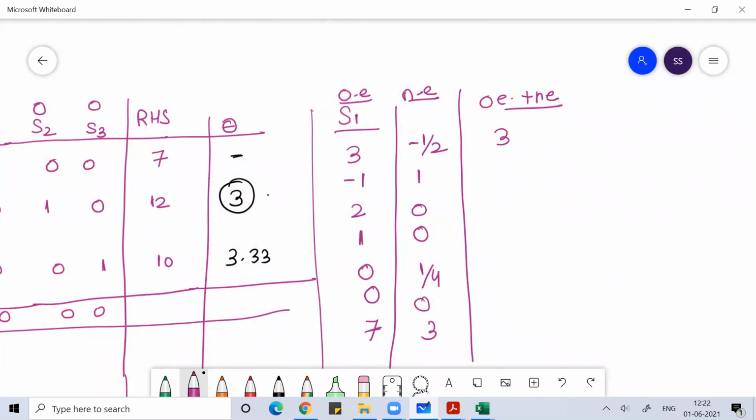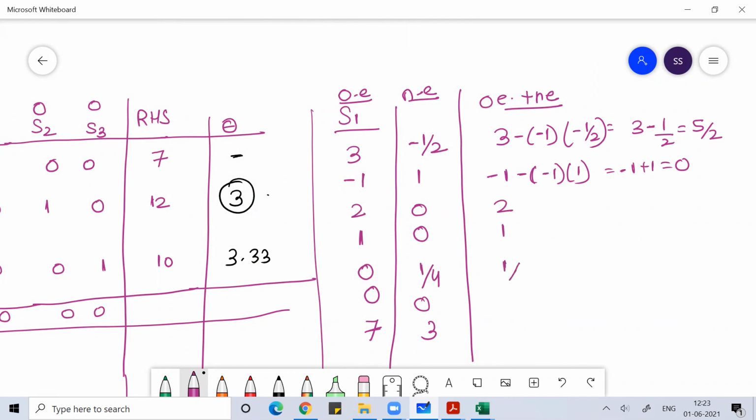So this is 3 minus -1 times 1 by 2. I hope you understand. This would be 3 plus 1 by 2, which is 5 by 2. Then this is minus 1 plus 1, which is 0. This is 2. This is 1. Then this is 1 by 4. Then this is 0.